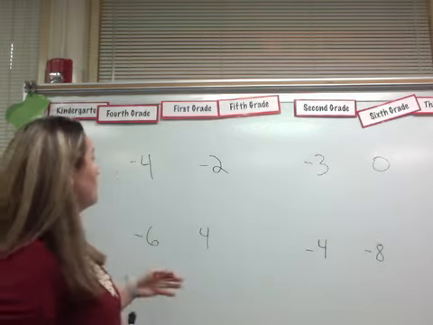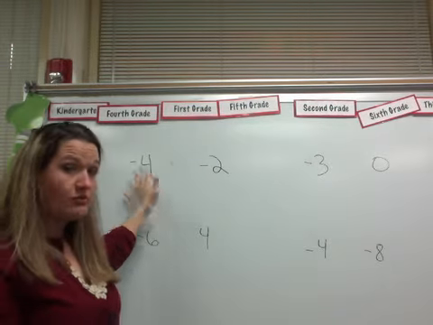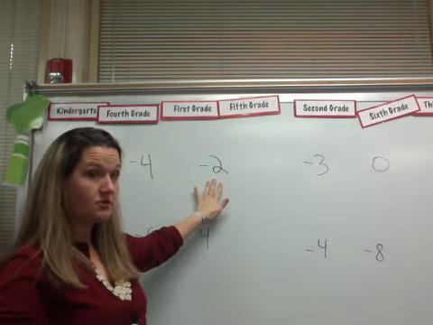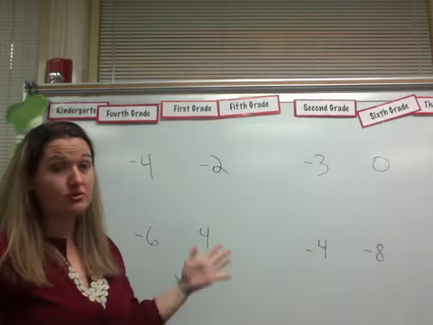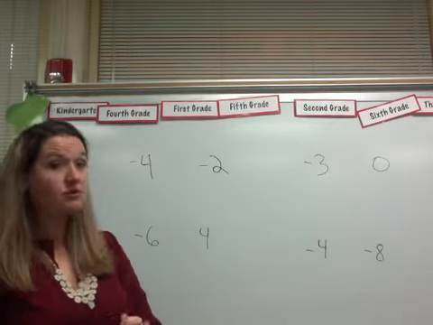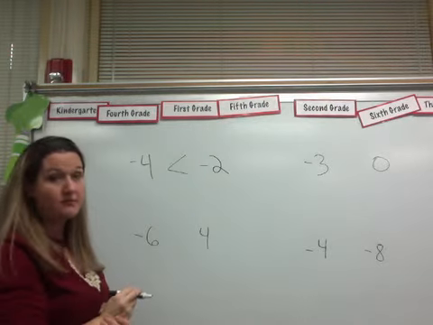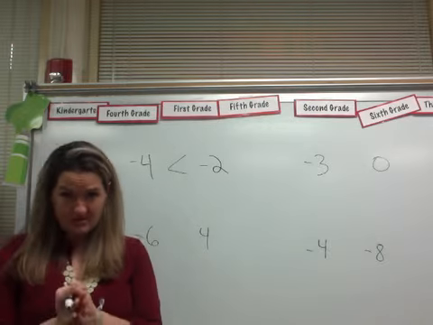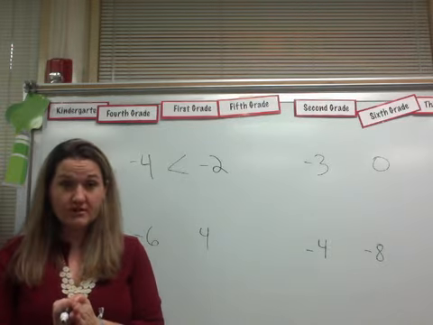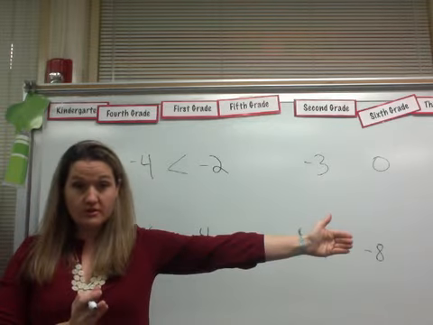Would I rather owe somebody $4 or would I rather owe somebody $2? They both kind of stink, but if I had to choose one, the greater value would be -$2. With negative numbers, the closer the number is to 0, the greater it is. The further away from 0 it is, the less it is.